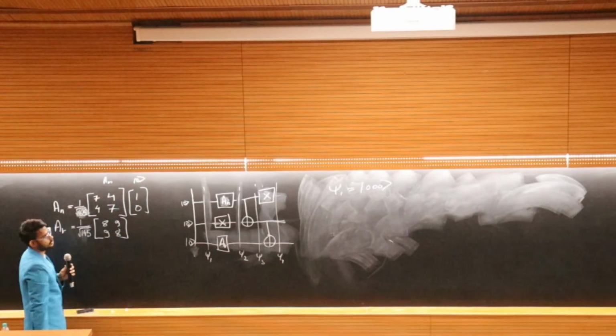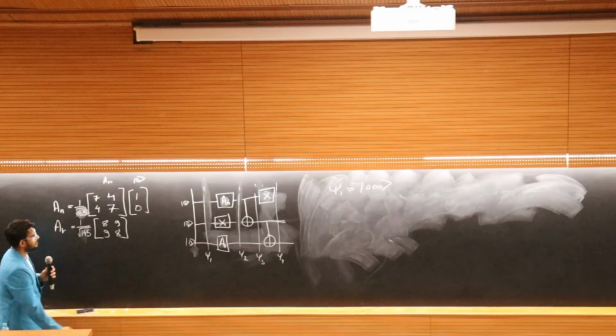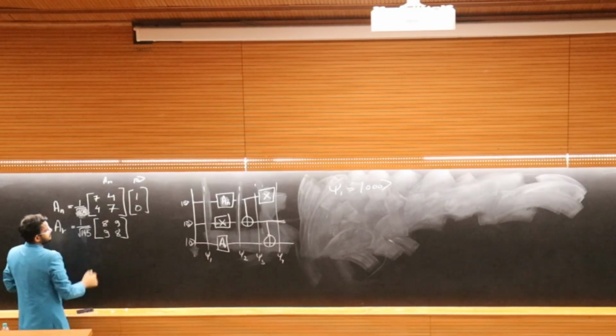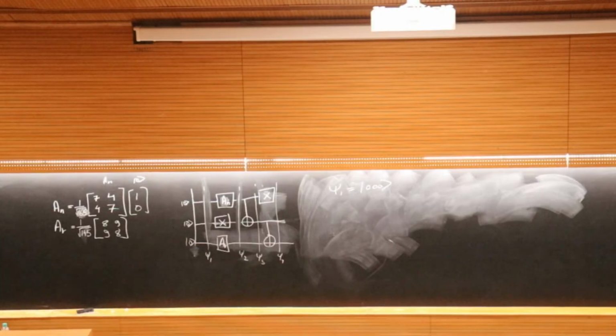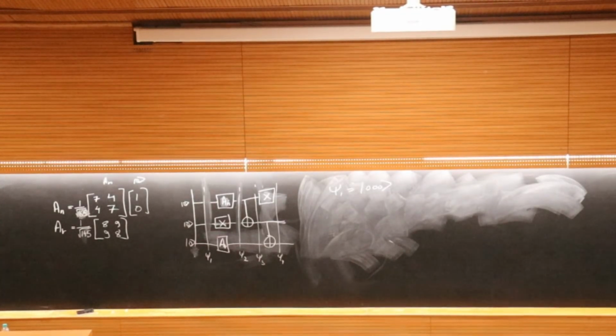If I multiply these two, what will I get? 7, 4, and the magnitude of this is 7 squared plus 4 squared, that is 65. So that's why we have this 1 by root 65 here, just to make this a unit vector, right?